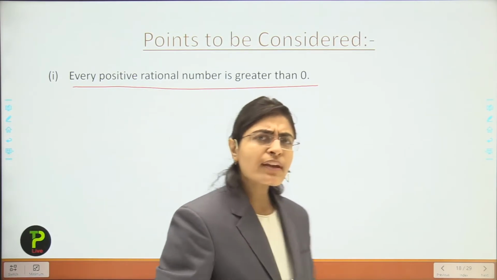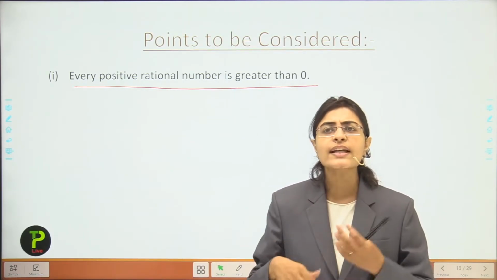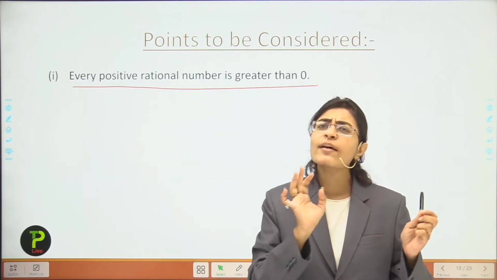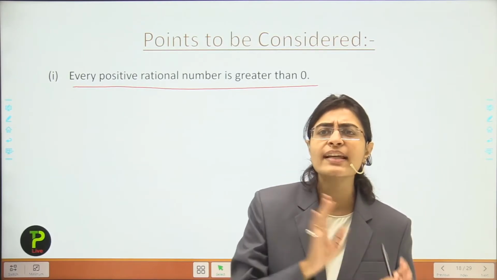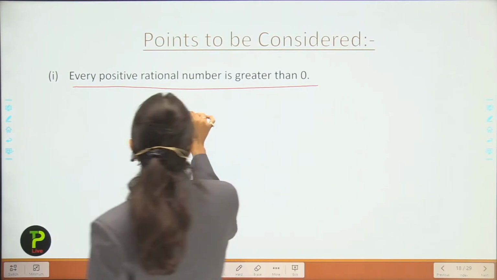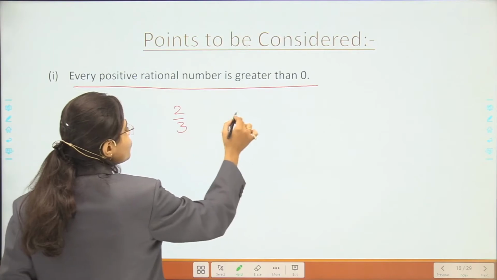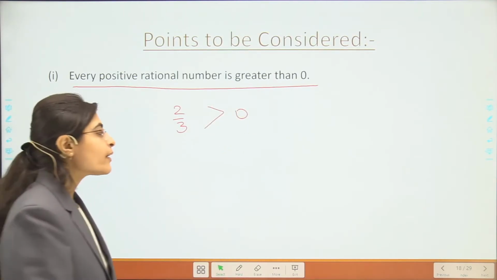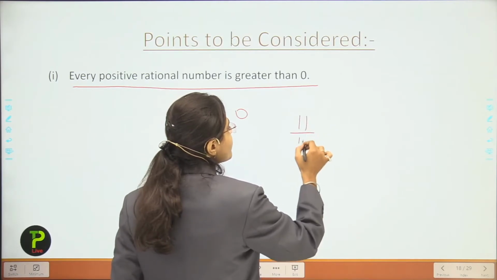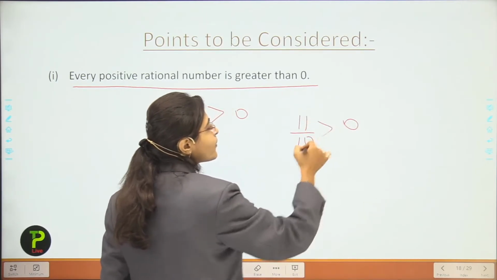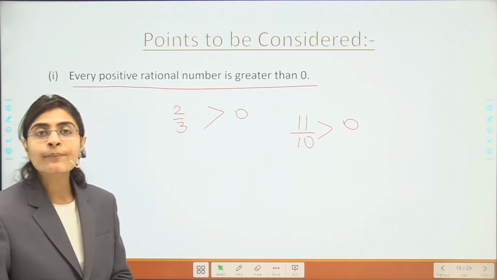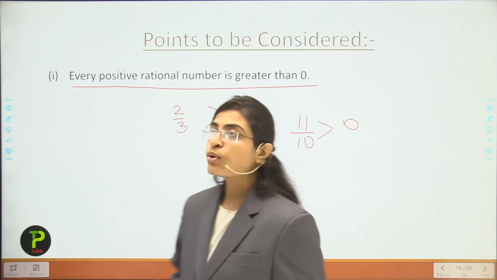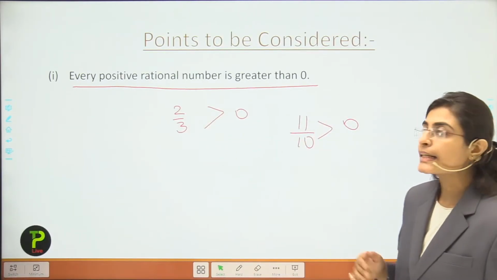Whenever we compare any positive rational number with 0, a positive rational number is always greater. So 2 by 3 is greater than 0. Between 11 by 10 and 0, 11 by 10 is greater. I hope this first point is clear to you.